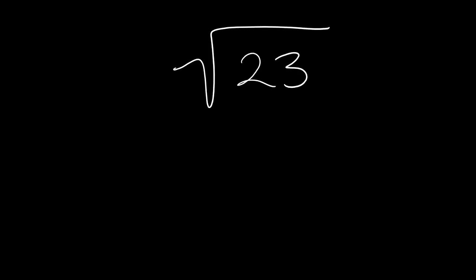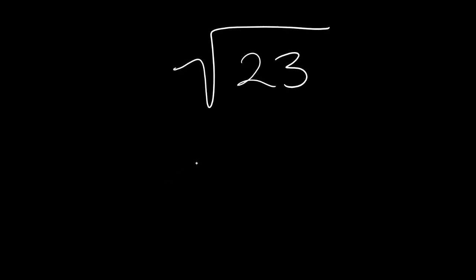Let's do another example together. The square root of, let's do 23. So is that a perfect square? If you said no, then correct, it's not a perfect square. However, it is in between two perfect squares.